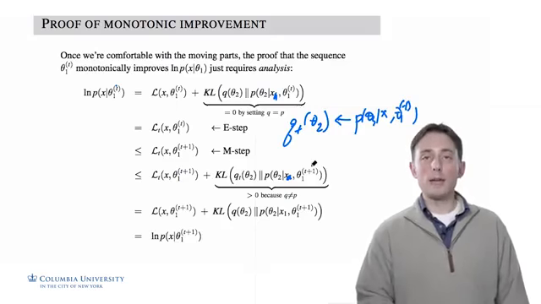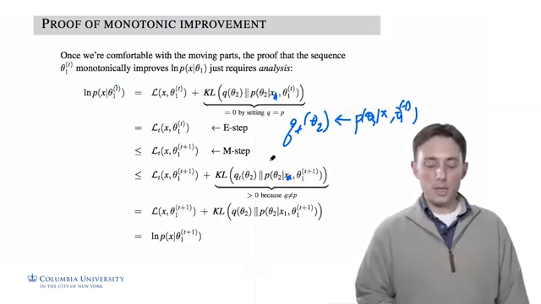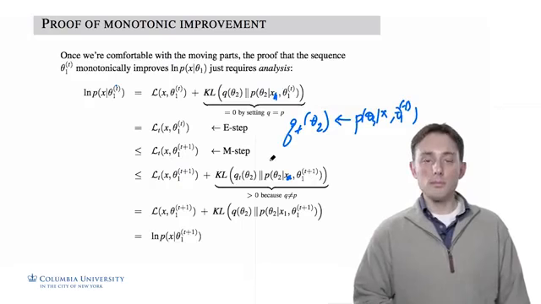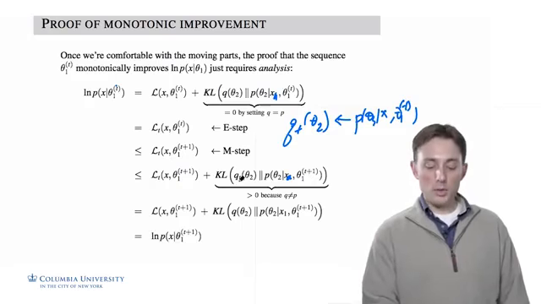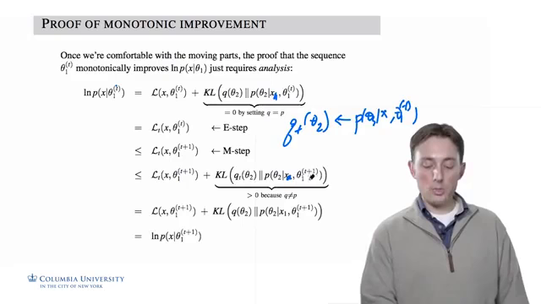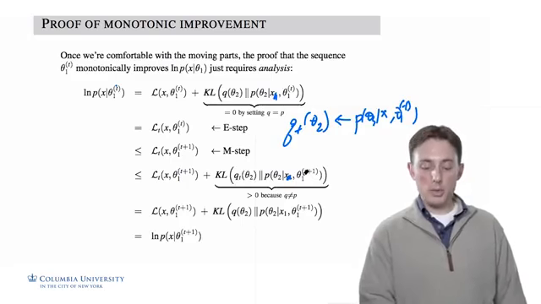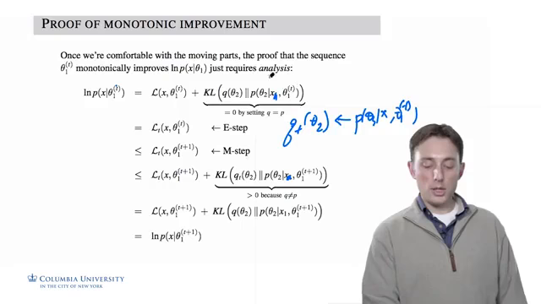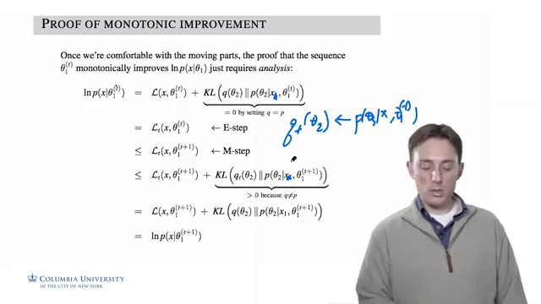We know for a fact that this term has to be greater than 0 because we know that this distribution is not equal to this distribution, assuming that theta 1 changed between iteration t and t plus 1. We know that this thing is equal to this term here. And so if theta 1 has changed, then this distribution is not equal to this distribution.